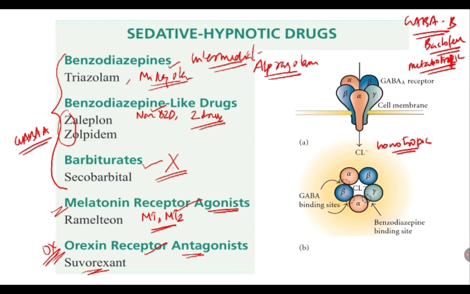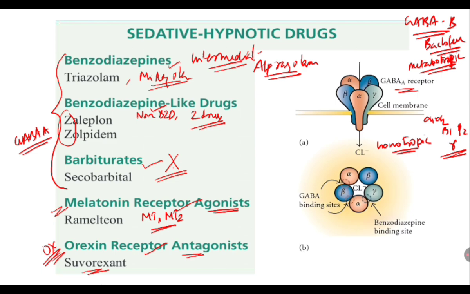This GABA A chloride channel complex consists of 5 subunits: alpha 1, alpha 2, beta 1 and beta 2, and a gamma subunit. These 5 subunits constitute the GABA A receptor.